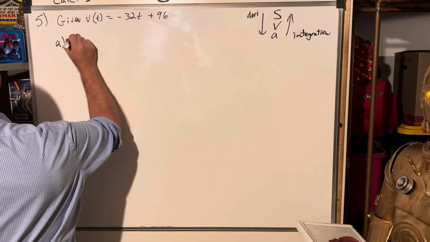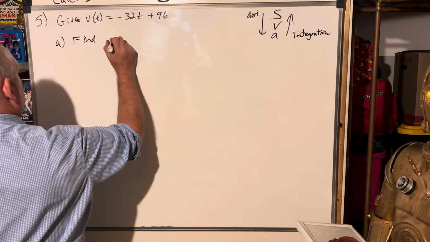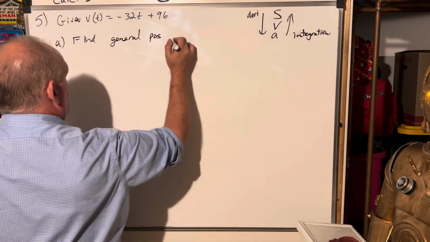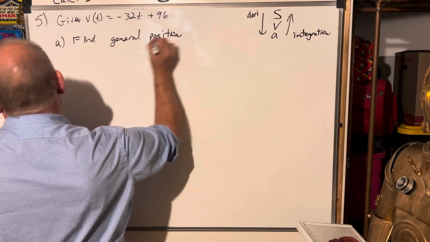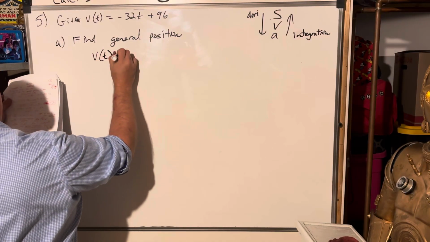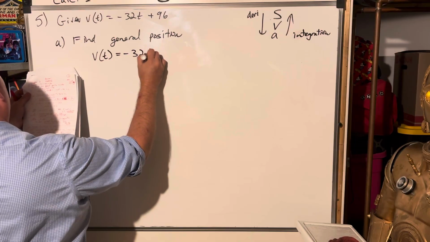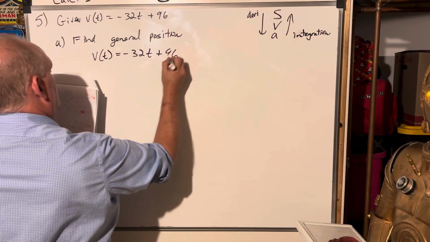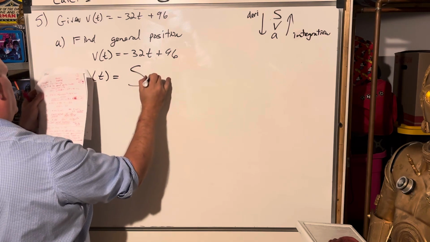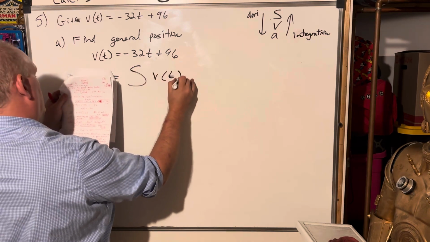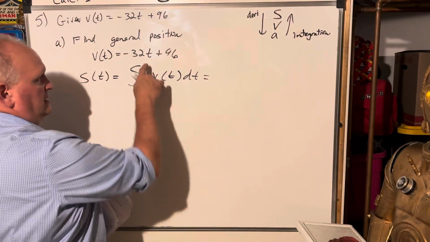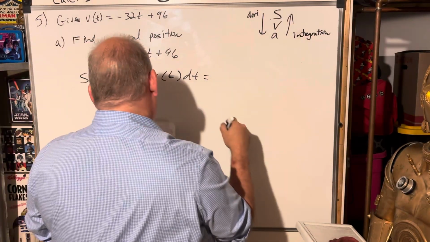So what does that mean? Letter A, find the general position. So that's S. Velocity is given as negative 32t plus 96. S of t is going to equal the integral of the velocity dt. So that's going to equal the antiderivative of that, right?